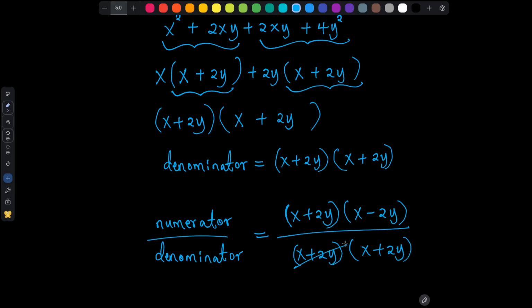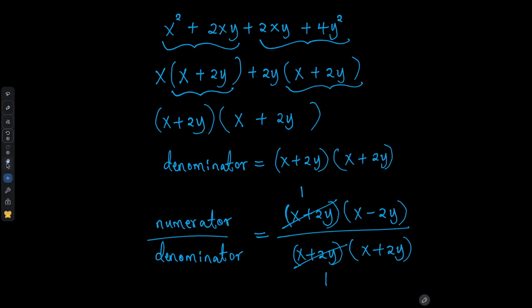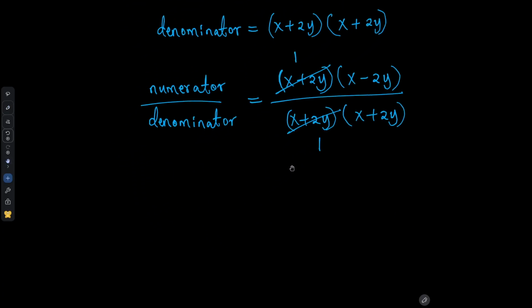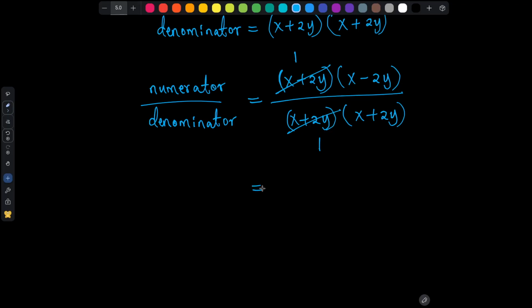By x plus 2y, 1, by x plus 2y, 1, and we are finally left with x minus 2y over x plus 2y. And this is the answer. Thanks for watching, and I hope you learned something new.